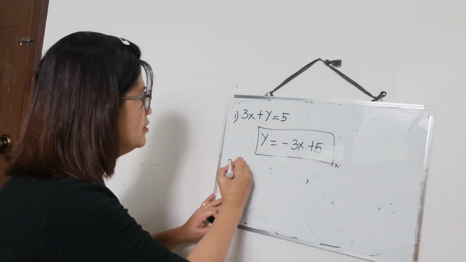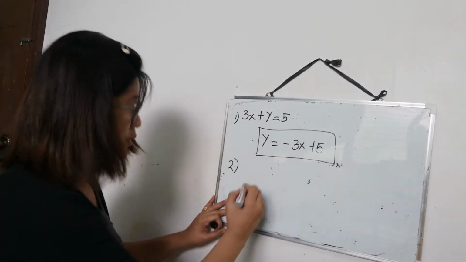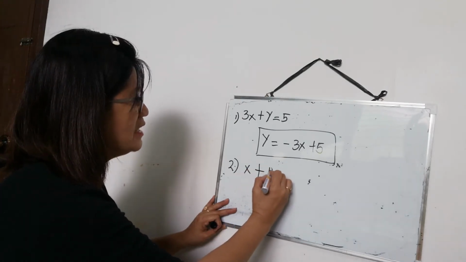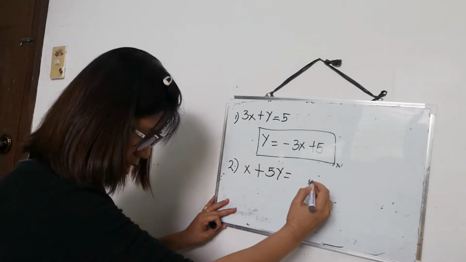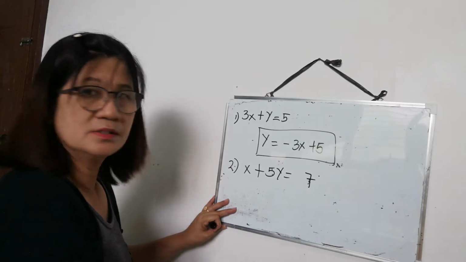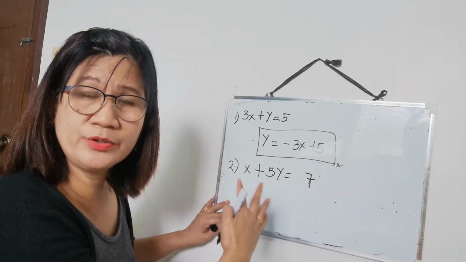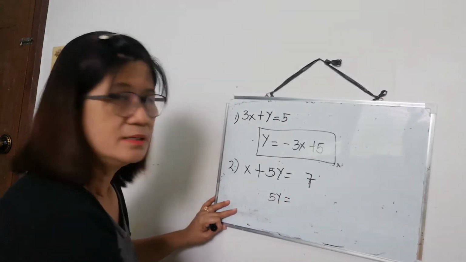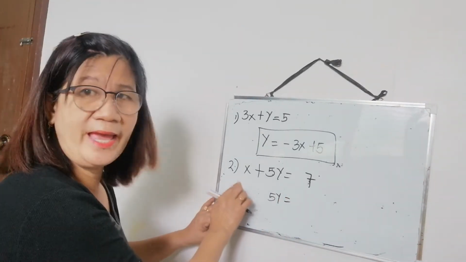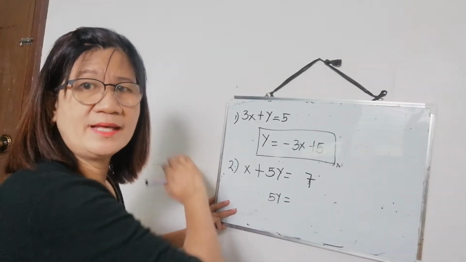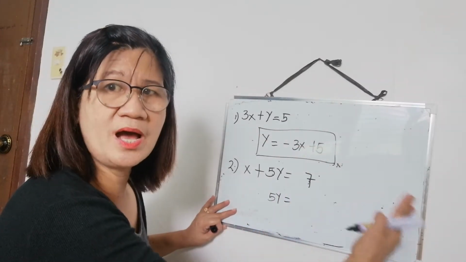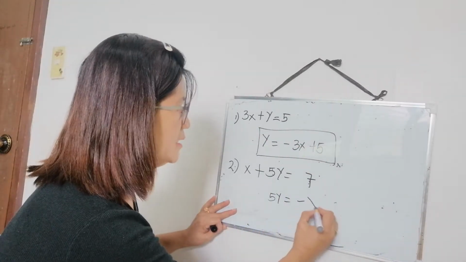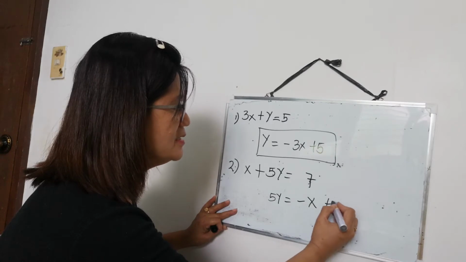Okay, let's take another one. Number 2 is x plus 5y equals 7. So, gaya ng sinabi ko, dapat maiwan yung y sa left side. So, you bring down 5y is equal to, ilipat mo ang x. So, this positive x, when you transpose it to the other side, it will be negative x. You bring down positive 7.